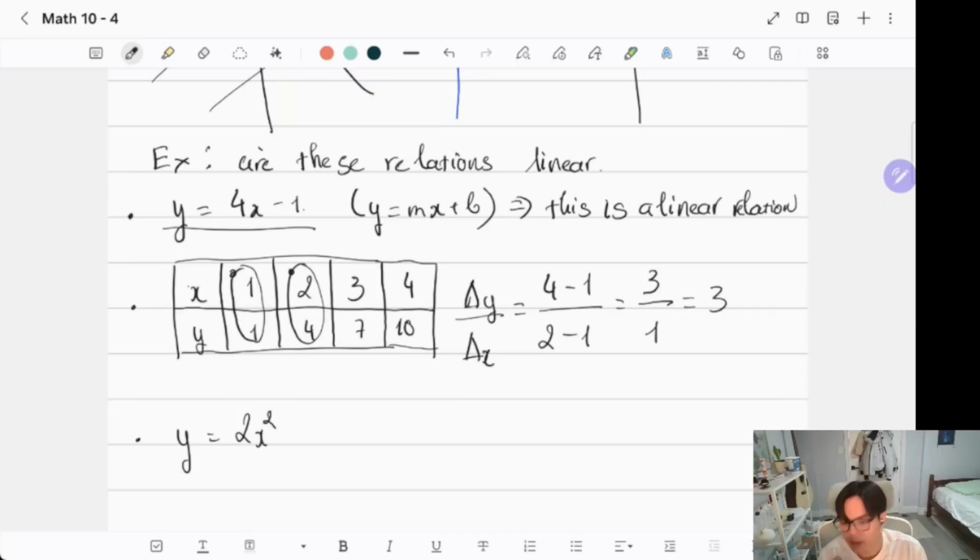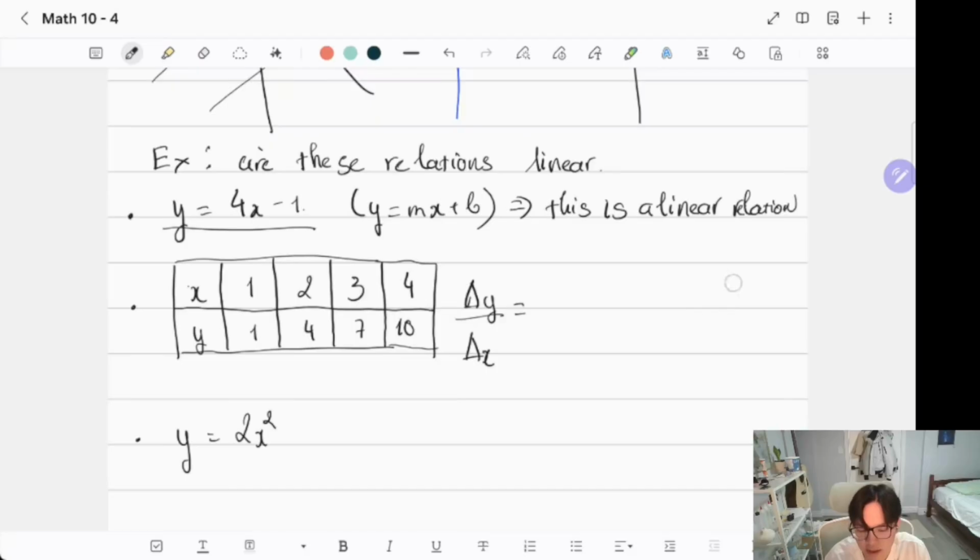Remember, it's 3. Okay, what if I choose another point to calculate, to know whether it has a constant rate of change? For example, I can choose this point to this point, which is 7 minus 1 divided by 3 minus 1, which is 6 divided by 2, also equal to 3.